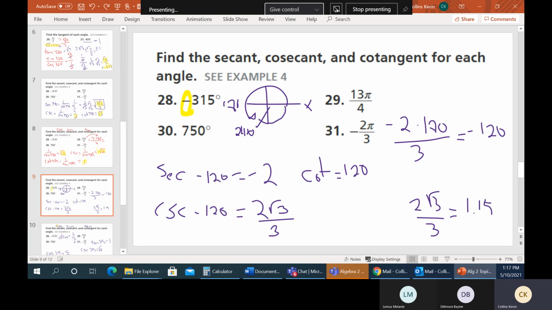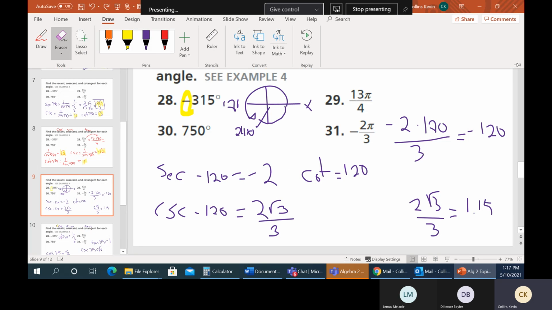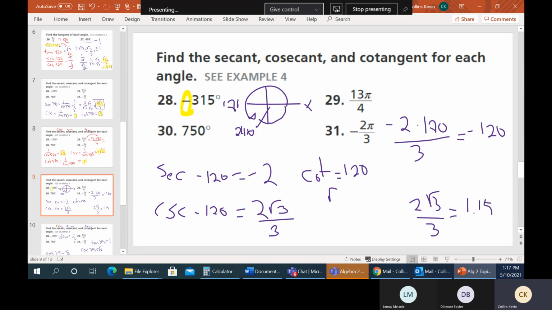That's going to be the square root of 3 over 3. Okay? So that's your answer on that one. So what I need to do is put together a sheet of the decimal equivalents so that you guys know what we've got, and that way you can work with your calculator and everything will be fine.